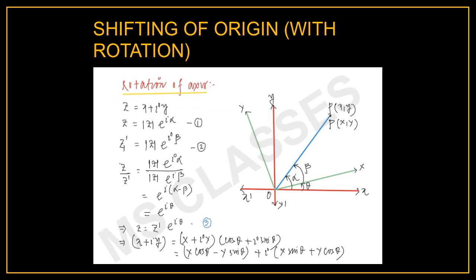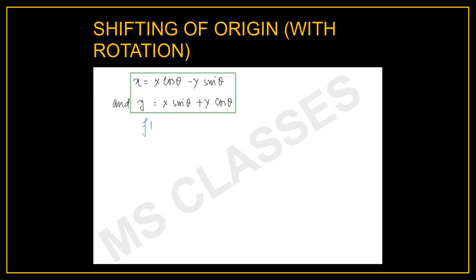Now from equation 3 we can write that z dash equals z into e to the power of minus i theta. Now we can just substitute the values: capital X plus i into capital Y, small z is x plus iy, and e to the power of minus i theta will be cos theta minus i sin theta. Cos of minus theta is cos theta only, but sin of minus theta is minus sin theta.